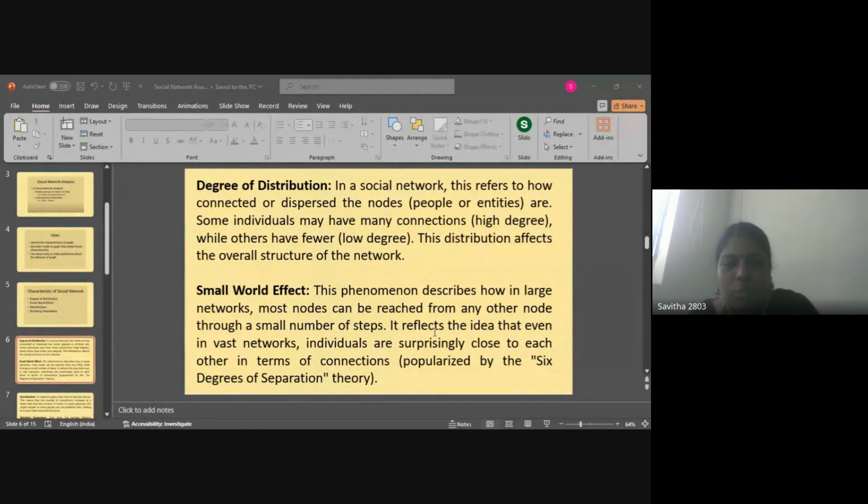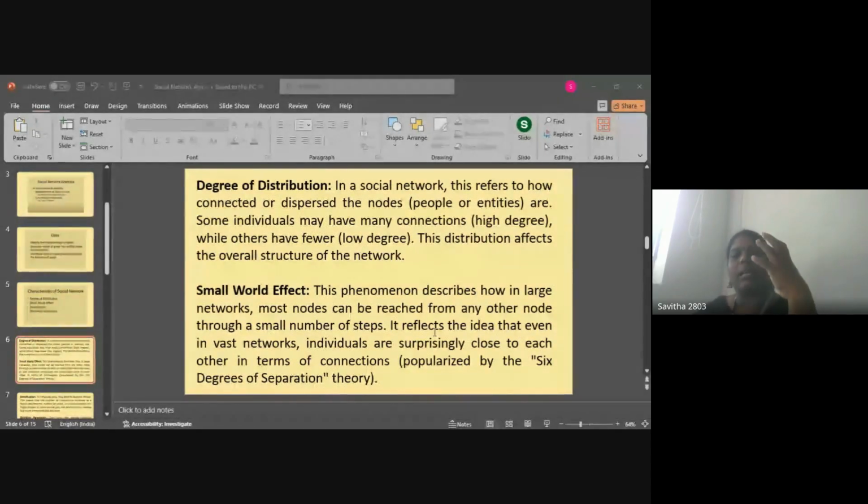In a social network, some nodes or people may have so many connections, or are joined together with many others, and some people or nodes have fewer connections. The connections or links are represented by the edges, and the nodes are represented by the people. So this uneven distribution will show some patterns of how many connections a particular person holds.